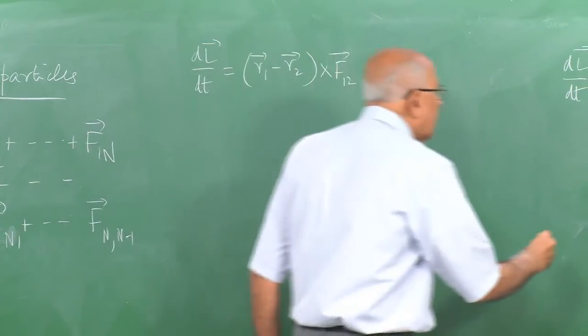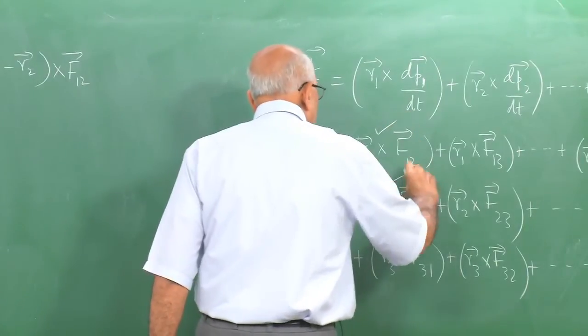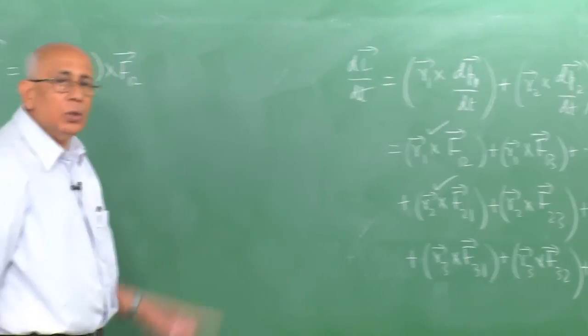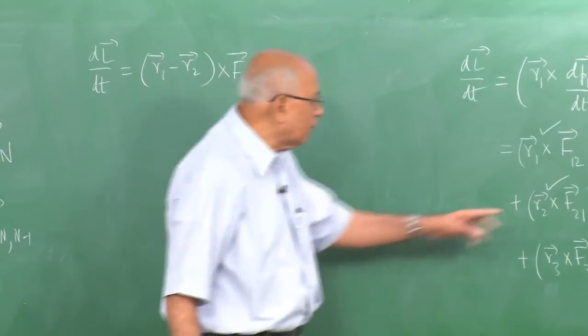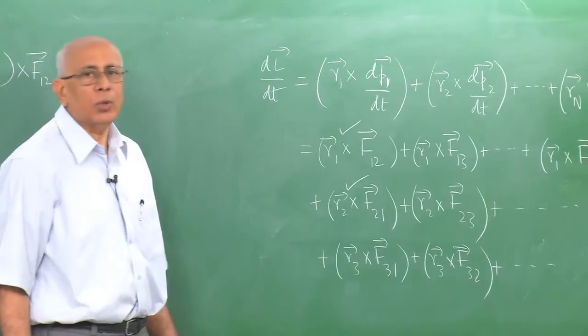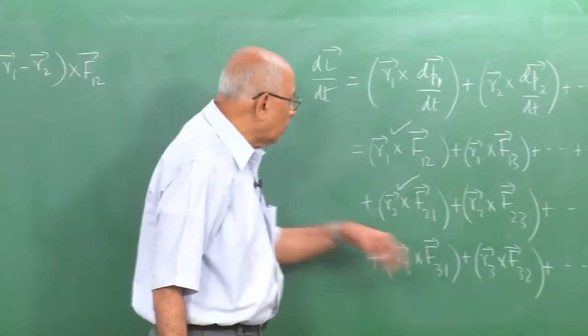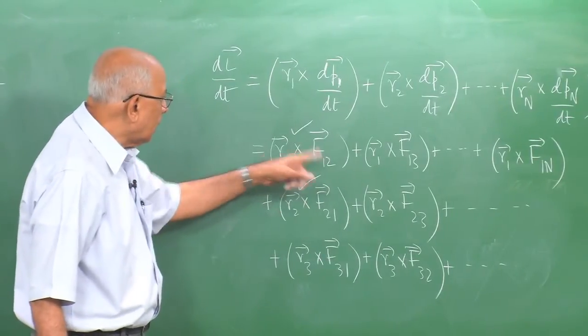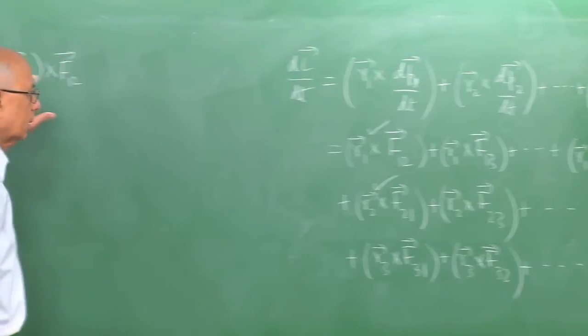So that takes care of this term as well as this term, using Newton's third law, which says F21 is minus F12 vectorially. I put the minus sign on this r2 and take out an F12, and here it is.